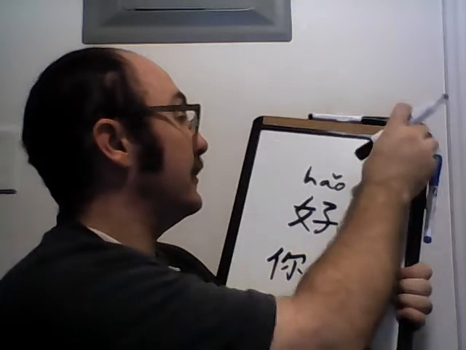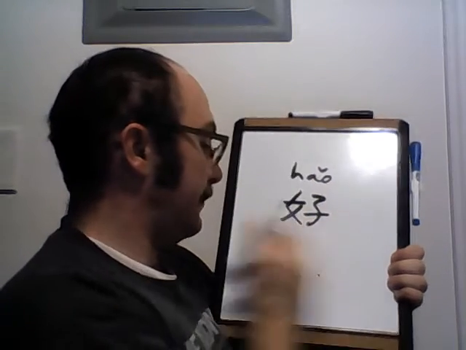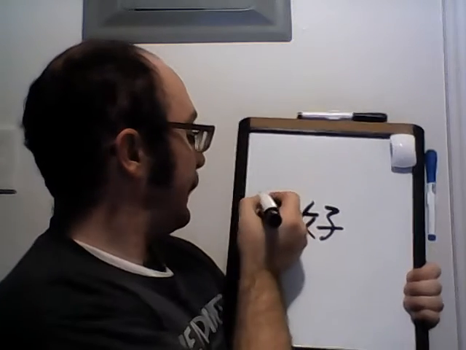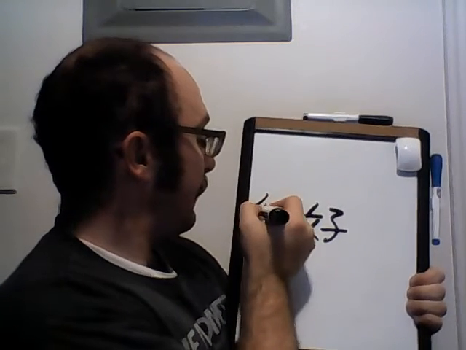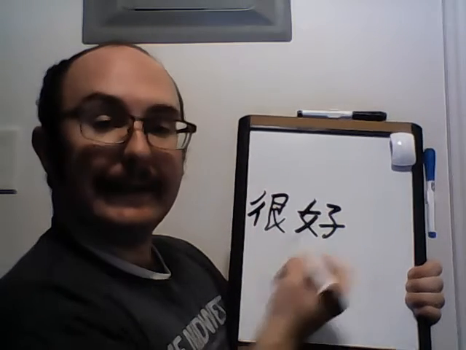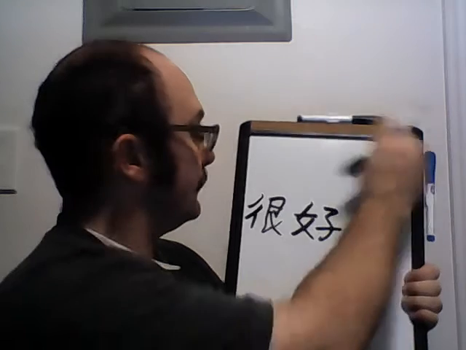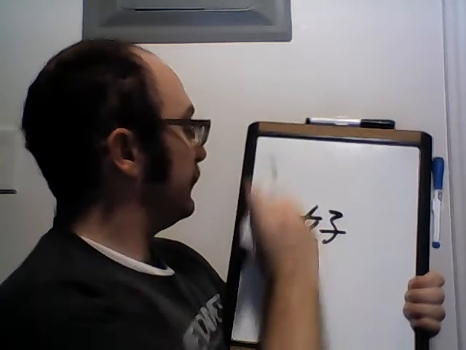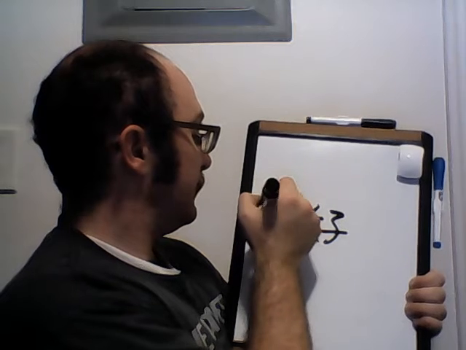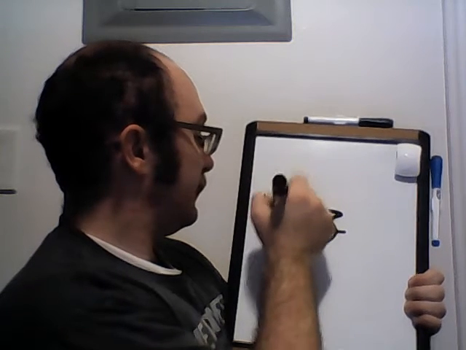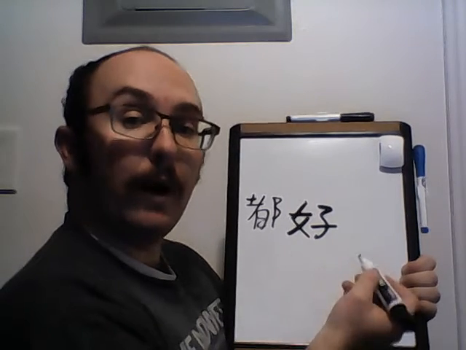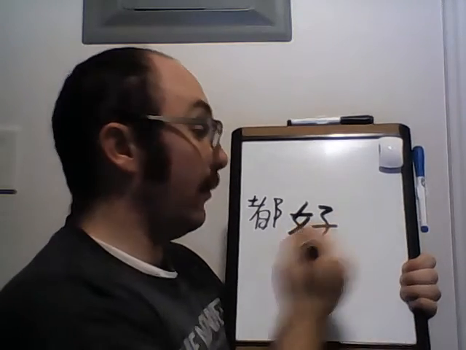Alright, so let's see. Now you can also have 很好, 很好. Or 都好, all is well. 都好, 很好, very well. 都好.